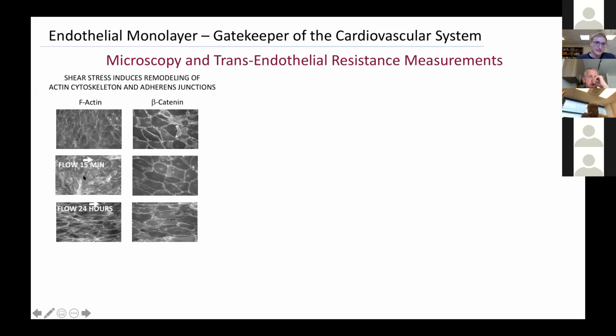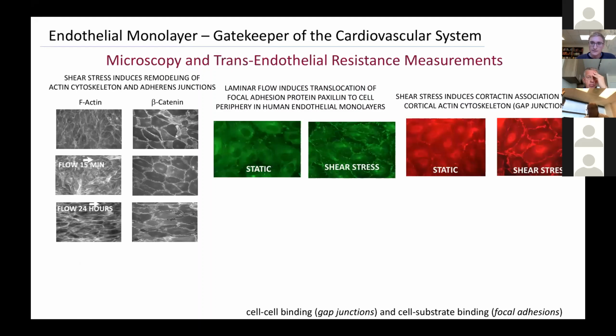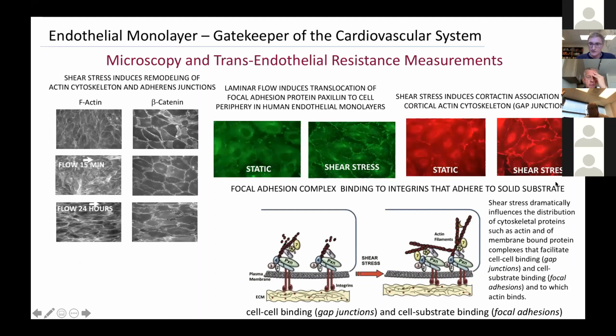This is just an example of stress fibers and alignment of stress fibers in the endothelial cells, here looking at both actin as well as beta-catenin, which is looking at focal adhesions and gap junctions with flow. This is just another set of pretty microscopy pictures.